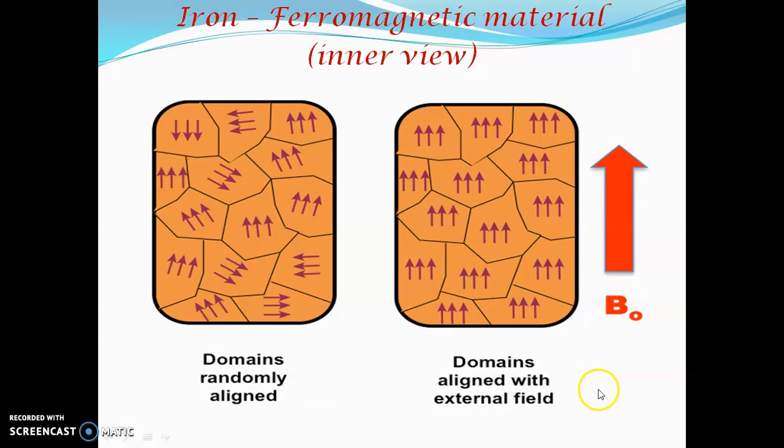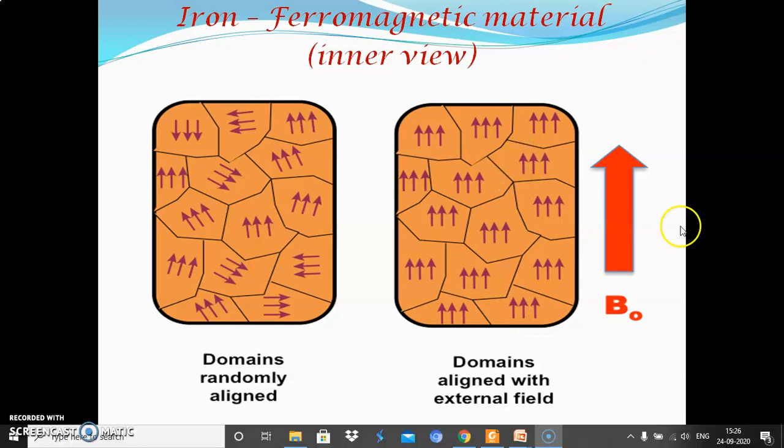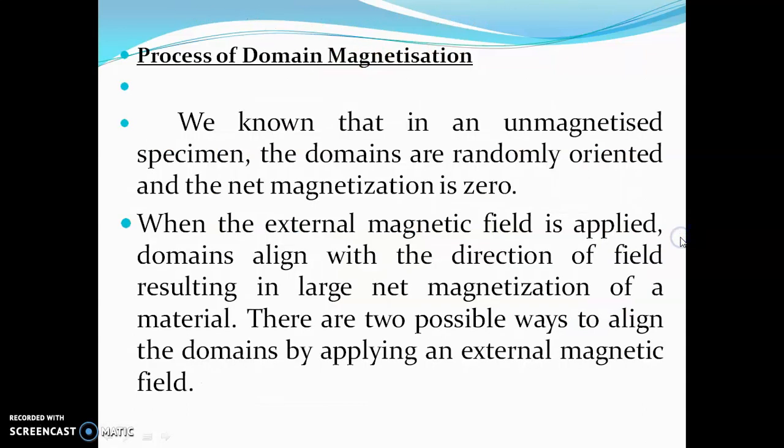When you apply a magnetic field to ferromagnetic material, the dipole moments of all the domains will align in the field direction. As a result, the material is strongly magnetized. This process is called magnetization, the process of domain magnetization.